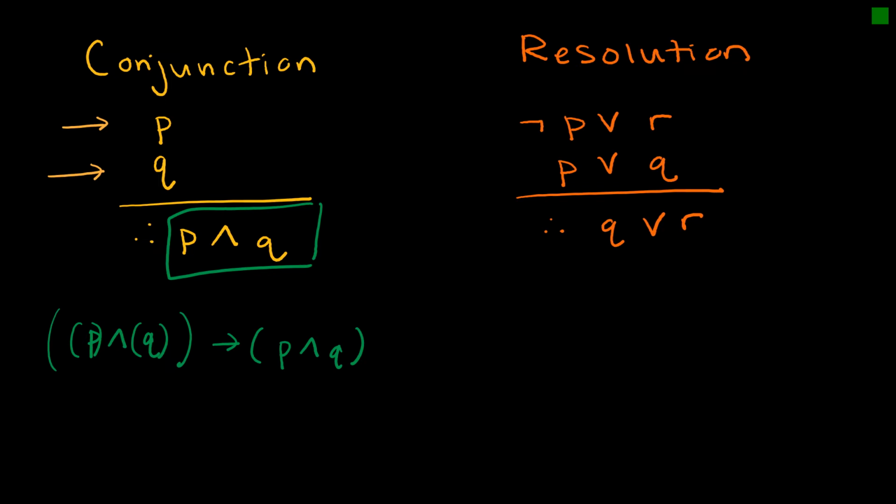So let's look at the other option. If not P is false, which means P is true, then R has to be true in order for the first statement to hold, and Q could be true or false, which means down here Q or R would be true for sure, and therefore this statement still does hold.